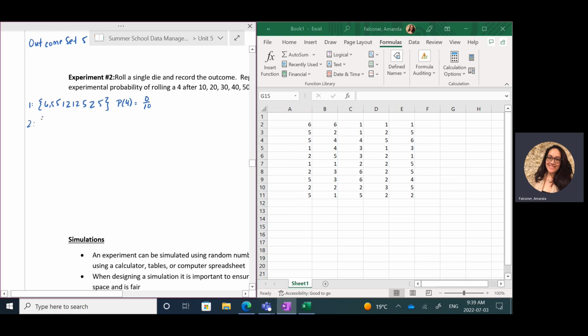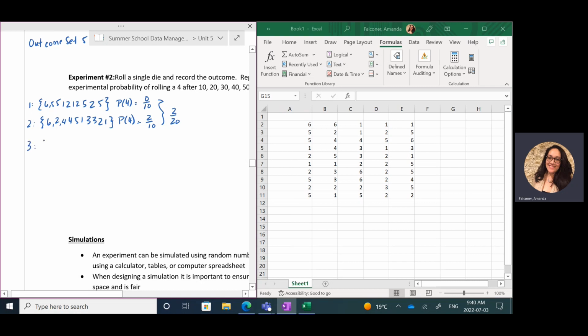My second set was 6, 2, 4, 4, 5, 1, 3, 3, 2, 1. All right, well, that one, we had some hits on the 4s, so that was 2 out of 10, or if we wanted to group things together, we're looking at 2 out of 20.